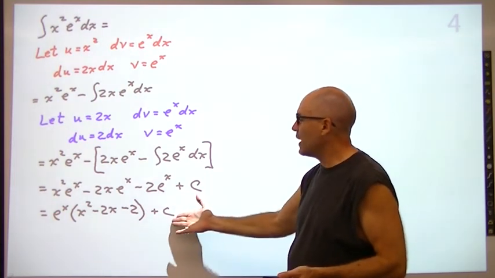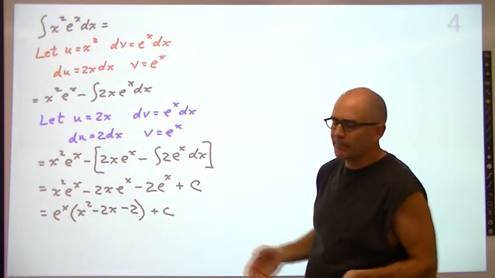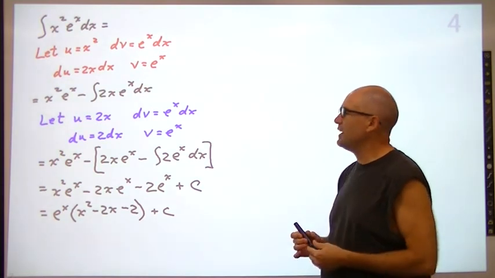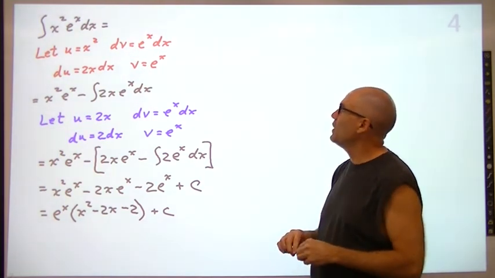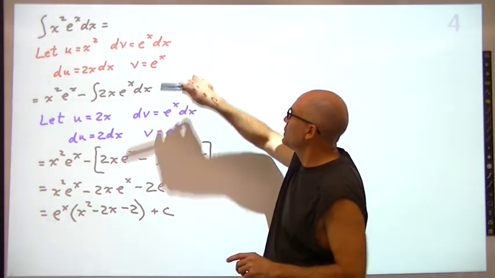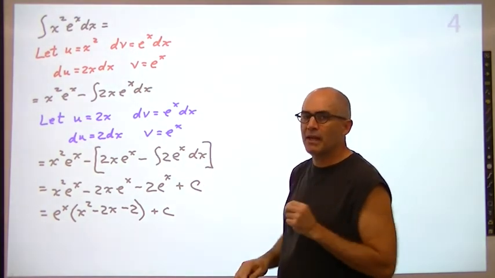But the fact that it is a random constant, it is just c. So that's it, game over. So notice you can do the integration by parts 2 separate times.